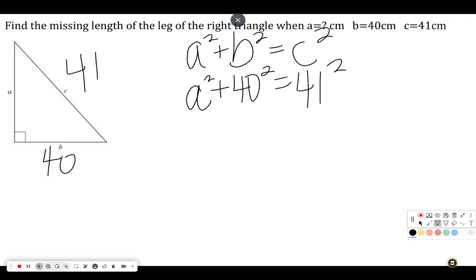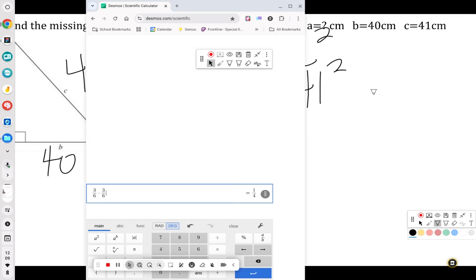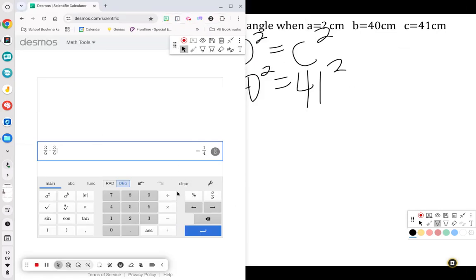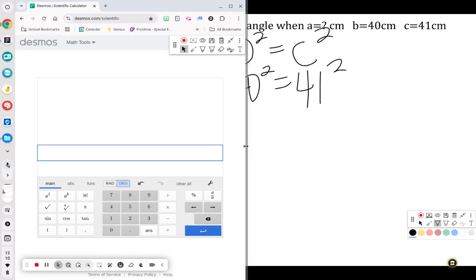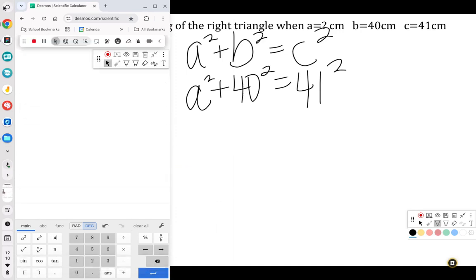We're going to need to pull up Desmos or some other amazing calculator. Okay, here we go. So we want to figure out what 40 squared is.